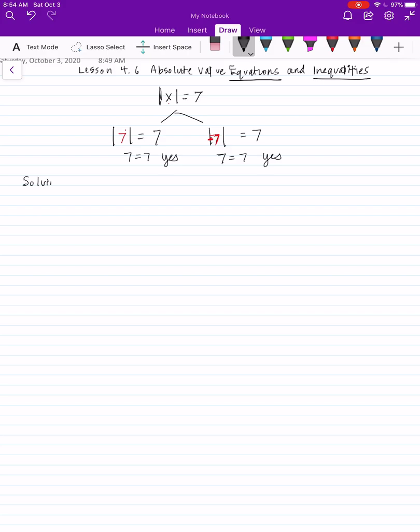So please write this down. It says solving absolute value equations. And this is the mathematical language that kind of goes behind this. And I think it is so very important that you guys know how to read mathematical language.